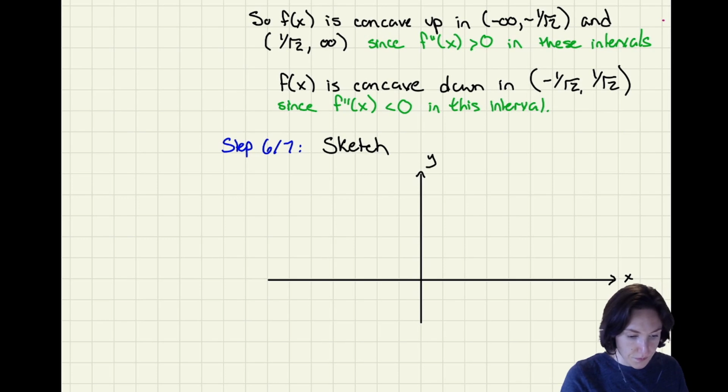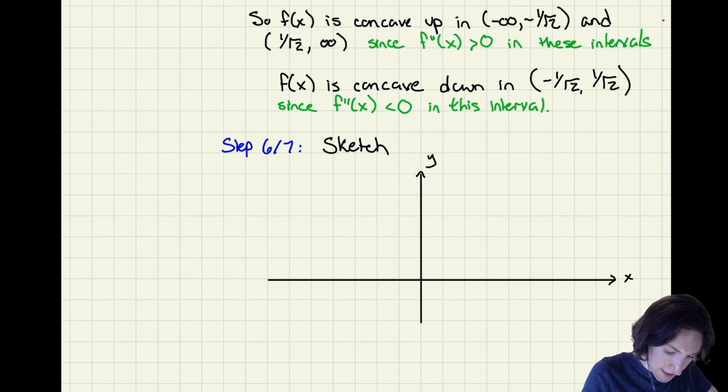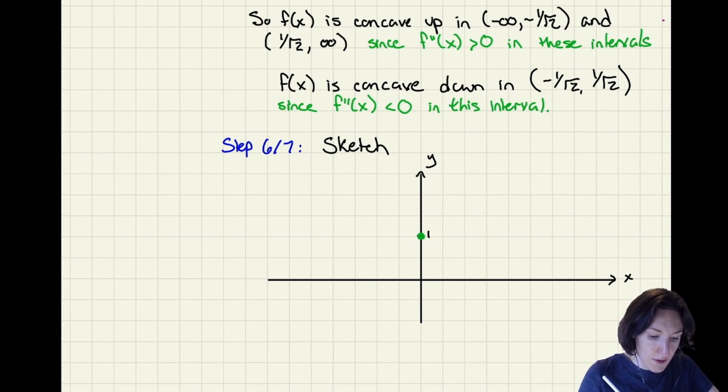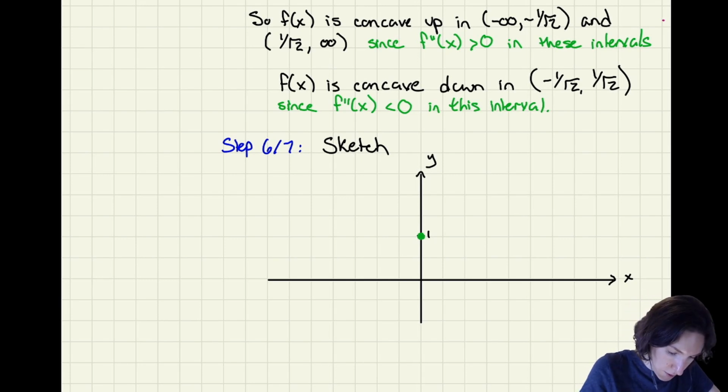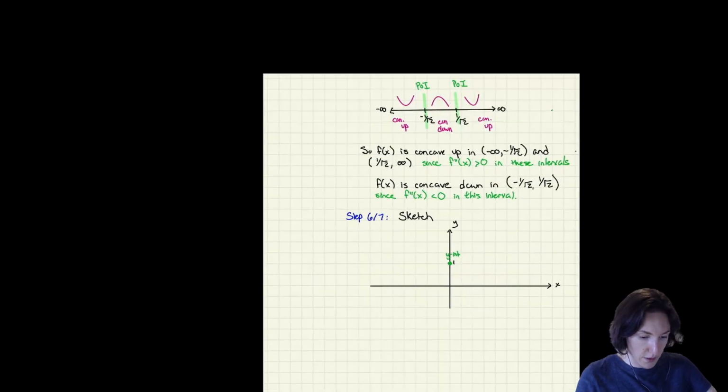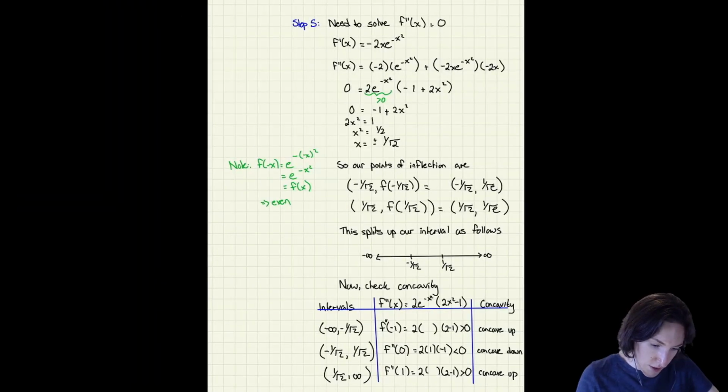So I'm going to say, let's do it up here, say this is equal to 1. So I have a point here. This is going to be the y-intercept. But this was also another special point, right?